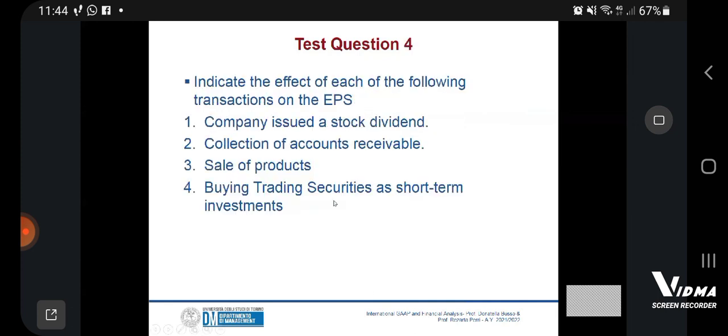Another test question over here, indicate the effect of each of the following transactions on the earnings per share. This is similar to the one question that we did yesterday in the tutorial. We had some transactions, but we saw their effect on the net income and cash flows from operations. It's basically the same kind of question, but right now we have to take into account transactions and how they impact the earnings per share.